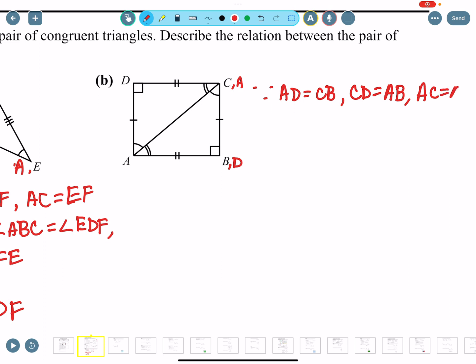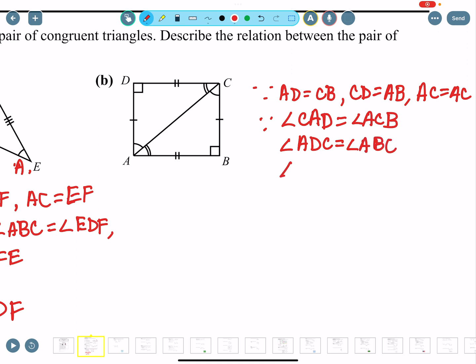They're sharing the same side. Therefore, not yet. For the angles, angle CAD equals angle ACB. Let me remove this, quite confusing at this point. The right angles now, so angle ADC equals angle ABC, the two right angles.